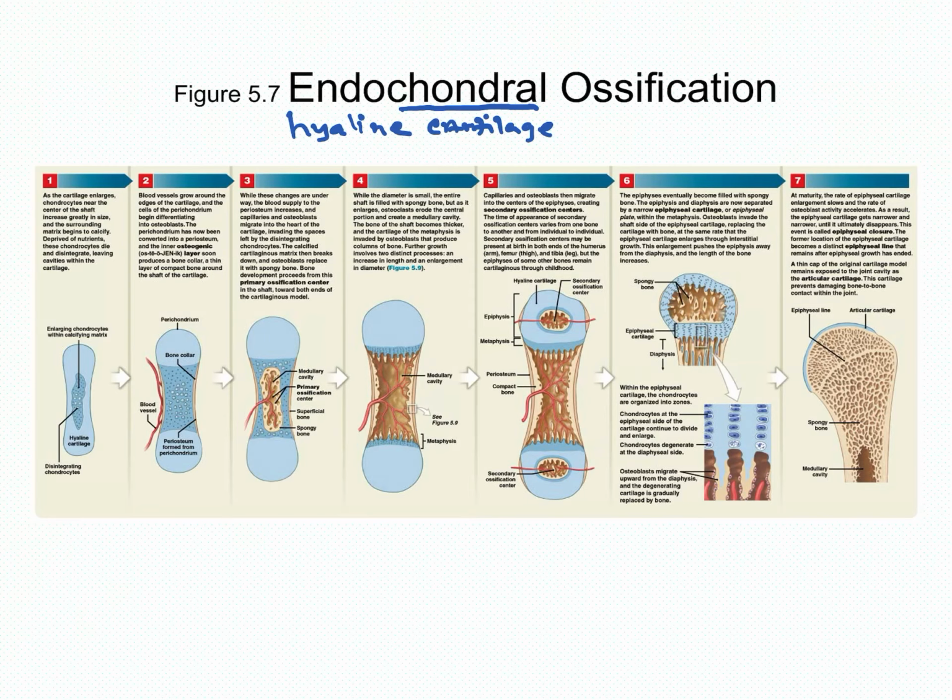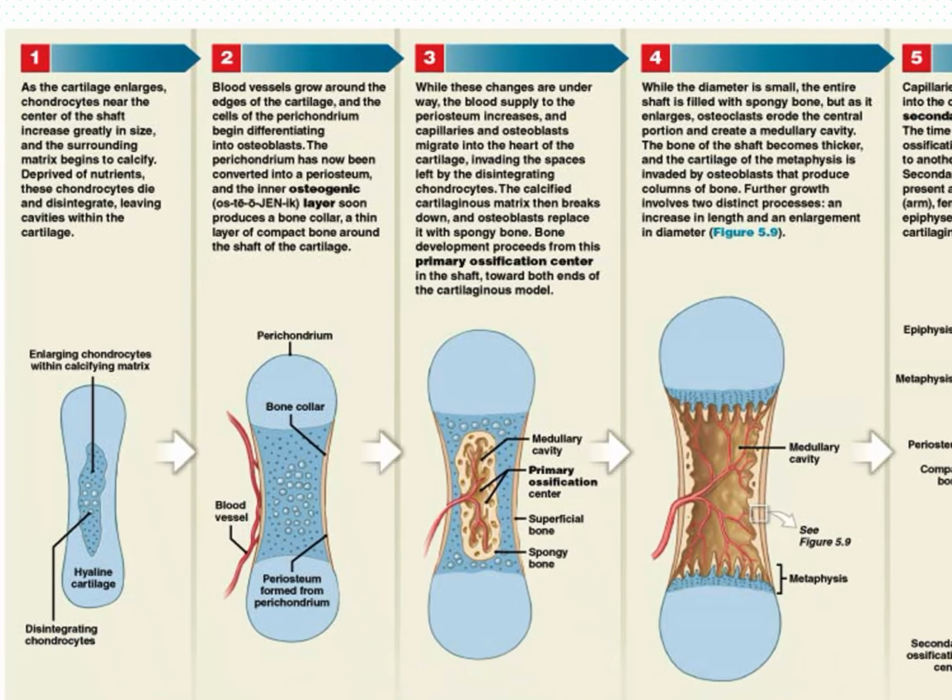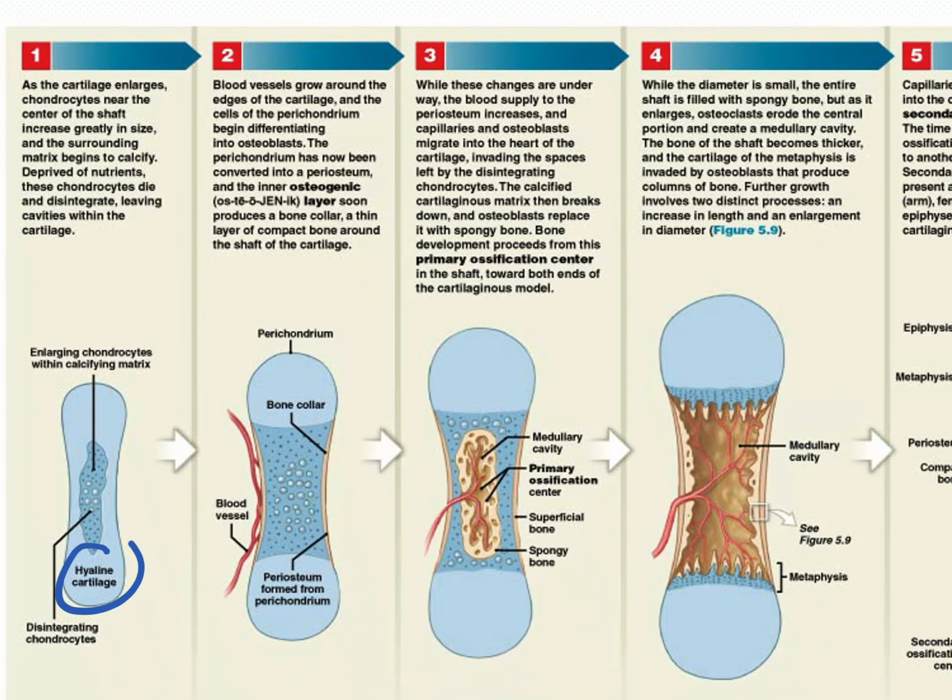I know the words are tiny here. I'll blow it up a little bit. So you first have a hyaline cartilage scaffolding. It's small. You have chondrocytes building more cartilage. At a certain point, blood vessels will come in. So remember, cartilage is avascular. Bone, however, is not.